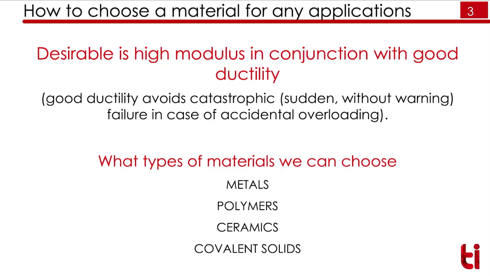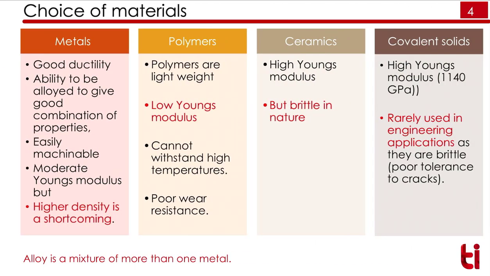We have 4 choices: metals, polymers, ceramics and covalent solids. Let's look at the properties of these one by one. First we will see the properties of metals. Metals generally have good ductility. They can form alloys very easily.